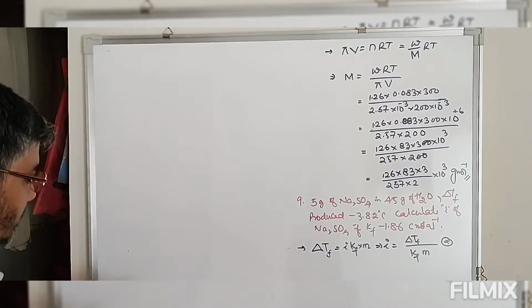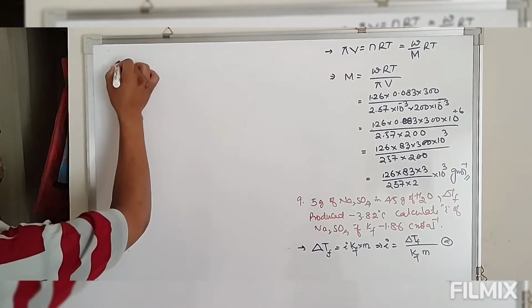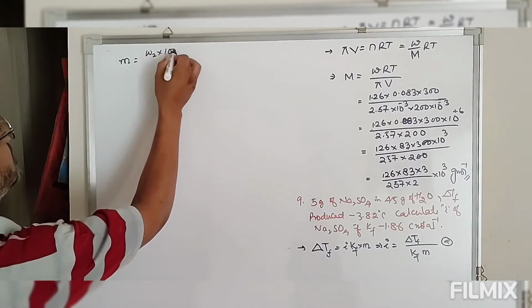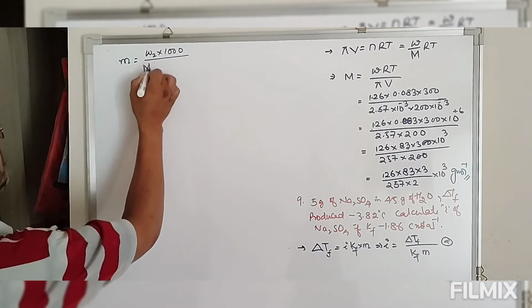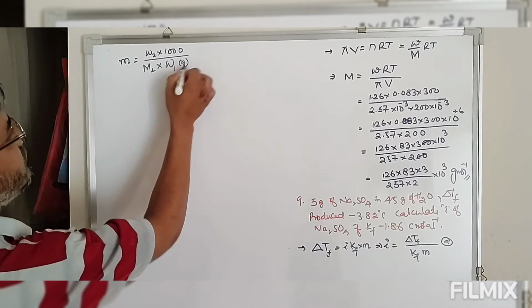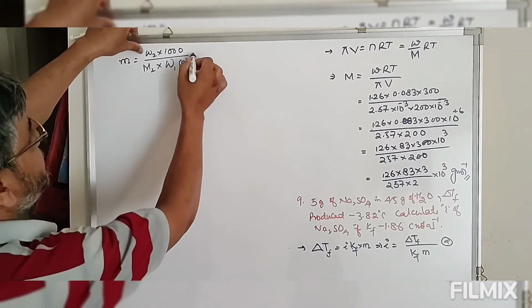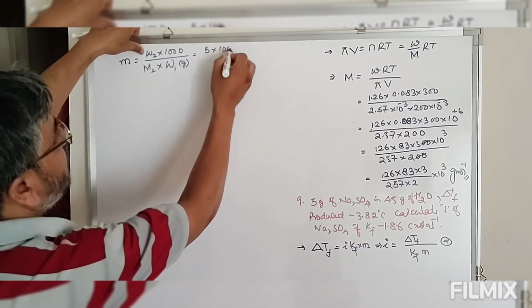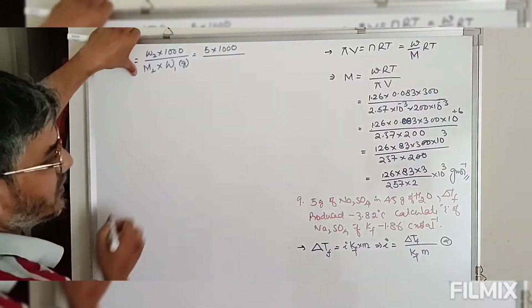So by definition, molality is mass of solute into 1000 divided by molar mass of solute into mass of solvent, taken in terms of gram unit. So mass of solute is given as 5 into 1000 divided by molar mass.